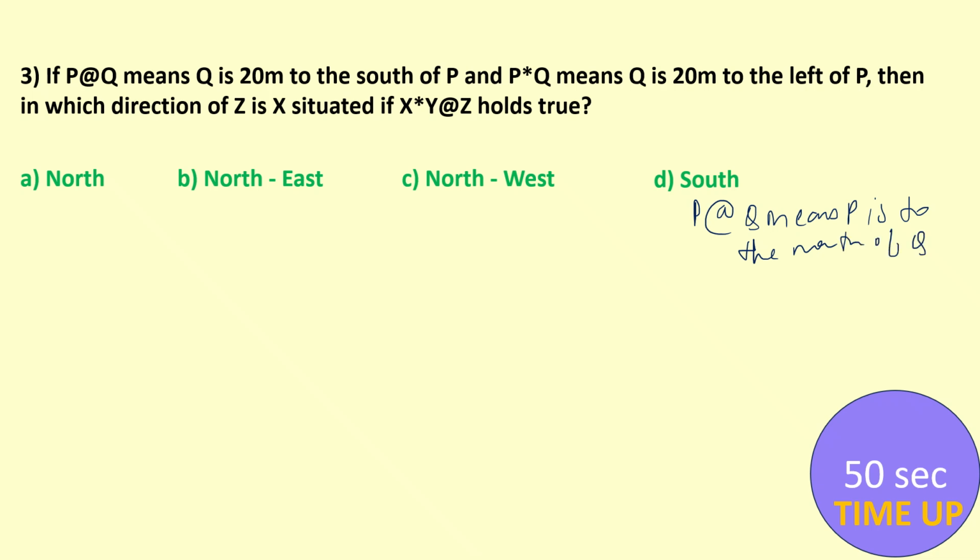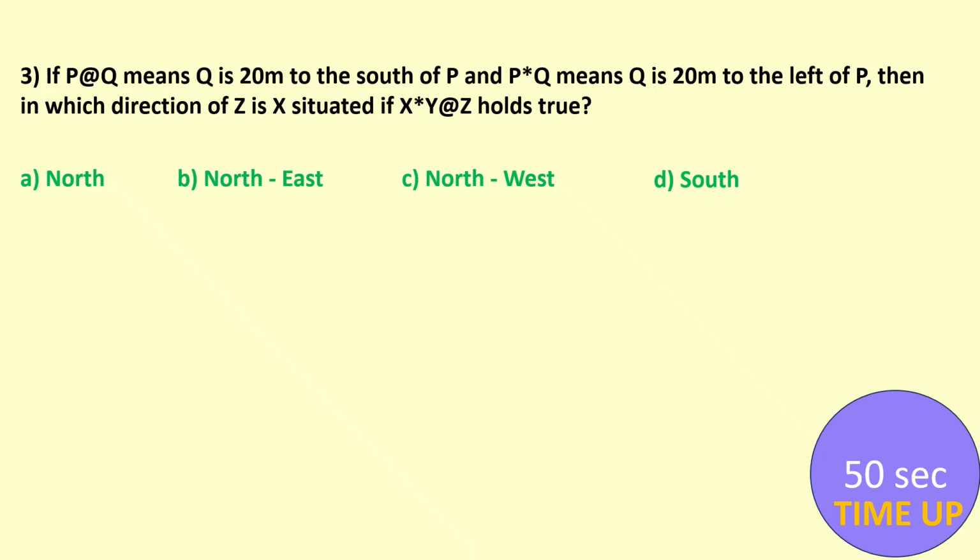Now they have interchanged. Instead of P, they have given you Q here and P here. Slightly they have changed the question. Nothing to worry, as usual you solve it. Then P star Q means Q is 20 meter to the left of P.